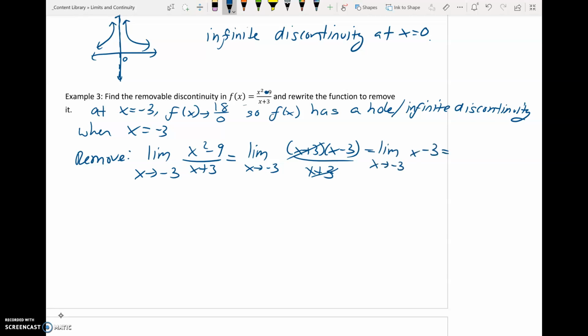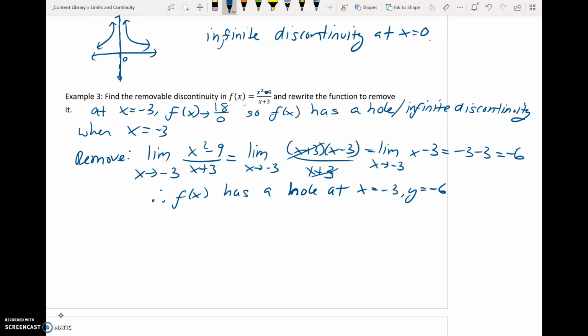If we were to substitute this -3 in to find the limit, that's -3 minus 3, which is -6. So that means our graph f of x given to us has a hole at x equals -3, y equals -6. So we have a hole there.